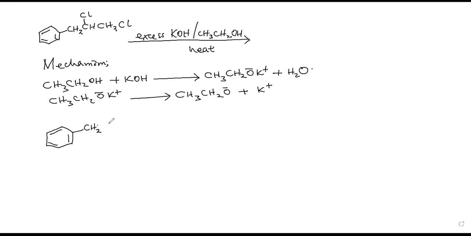So we shall have CH, then Cl, then C, H, H, then Cl. So you're going to bring your attacking species. Then this one will create a double bond here. Then this one will go away.